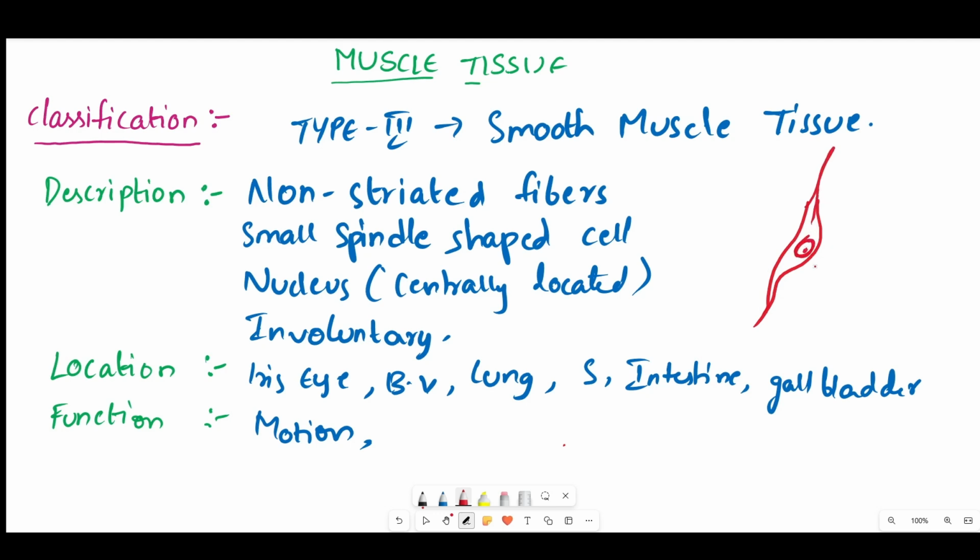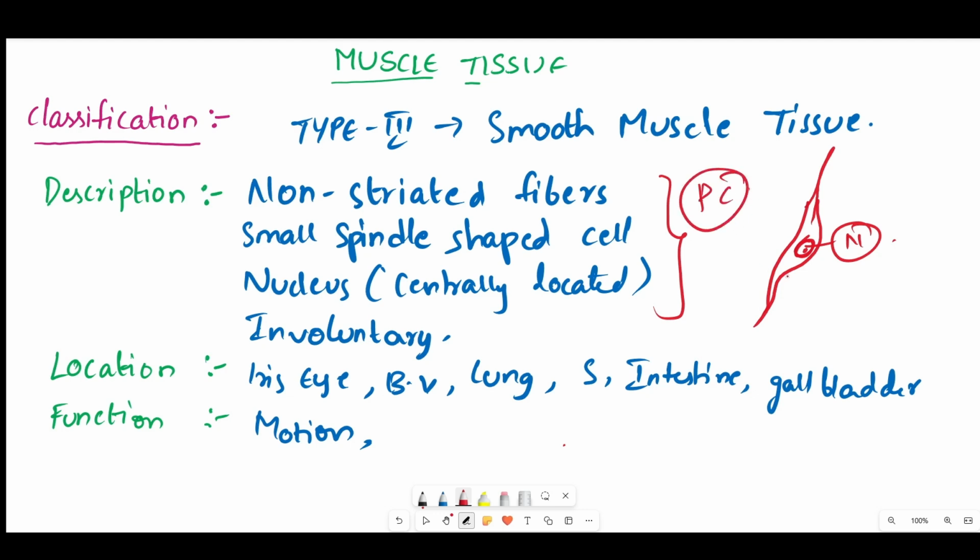This inside part we call the nucleus. Here also the nucleus is centrally located and the actions are involuntary. They are not in our consciousness. And all of these produce powerful contractions together.